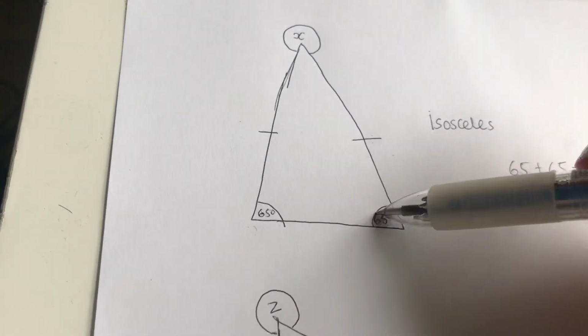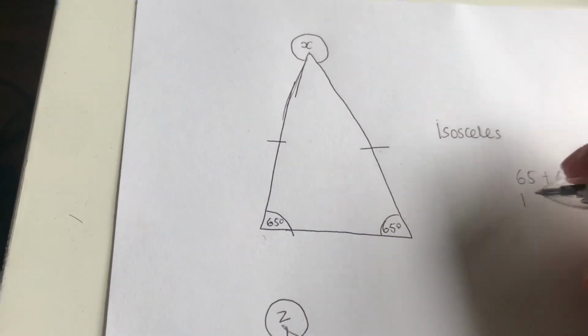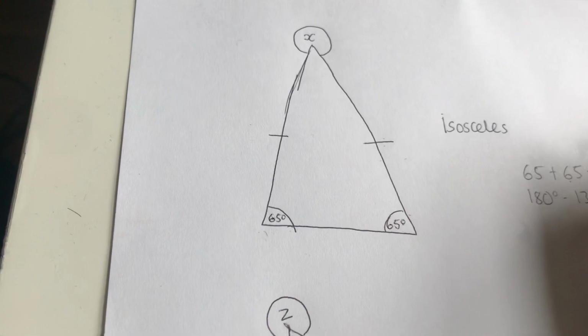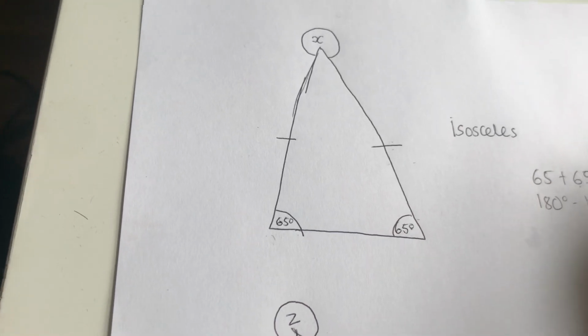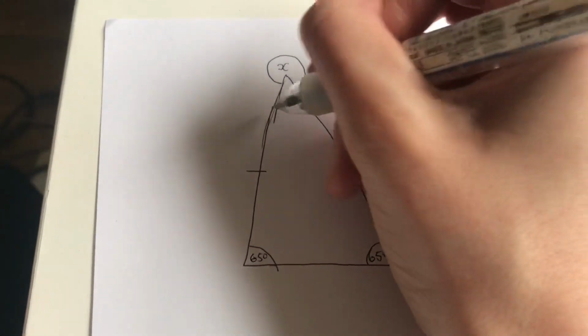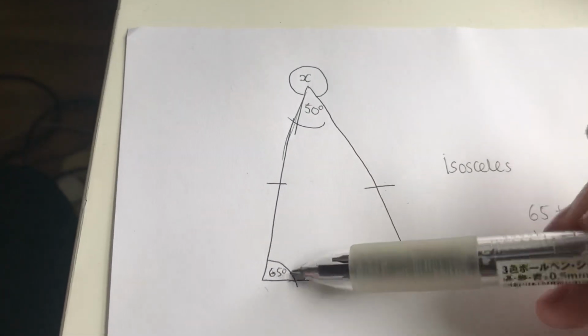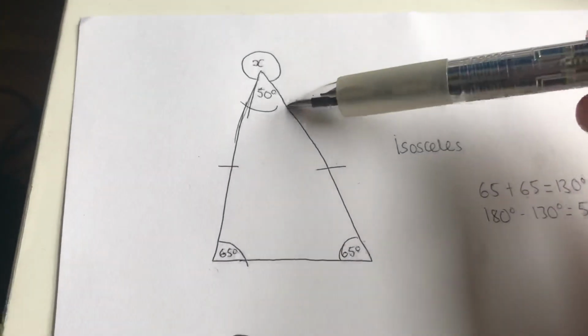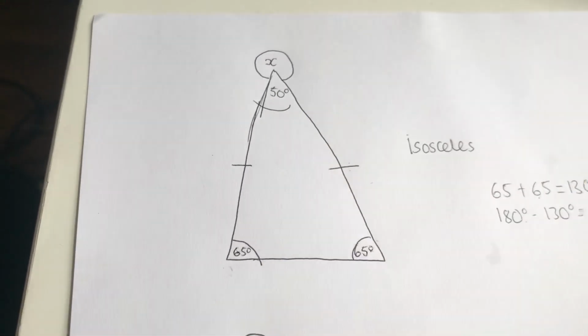So if these two are 130, well, if I do 180 degrees, take away 130 degrees, I get 50 degrees, 50, 60, 70, 80. So I know that that one up here then must be 50 degrees, because 50 add 65 gives us that 180, which is, we know angles in a triangle add up to 180.